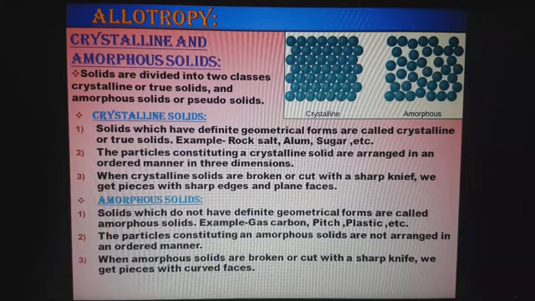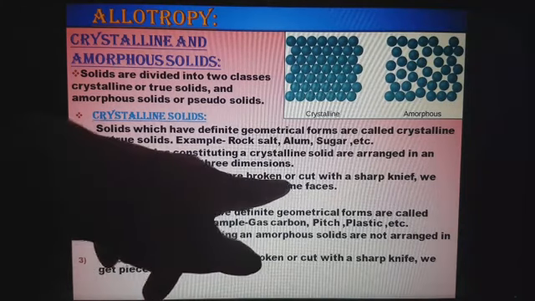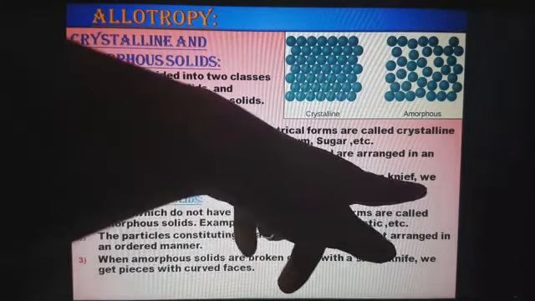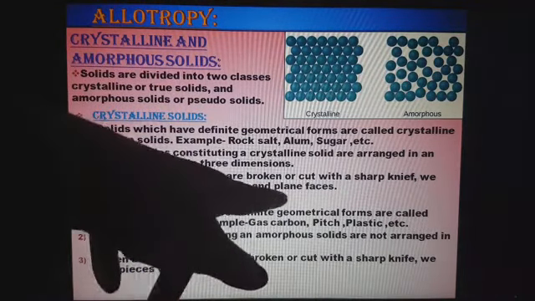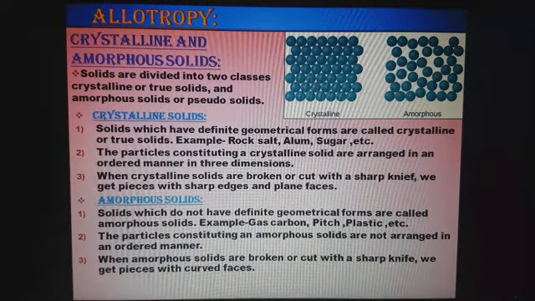Then when crystalline solids are broken or cut with a sharp knife, we get pieces with sharp edges and plain faces. This is also one of the important properties: whenever we cut any crystalline solid, the pieces we get will always have sharp edges and plain faces.